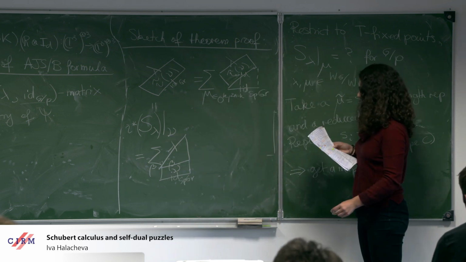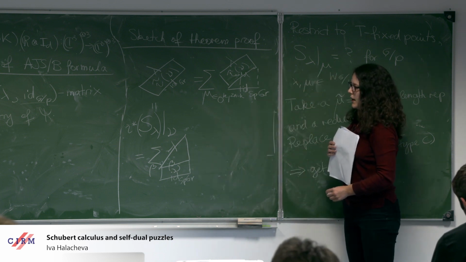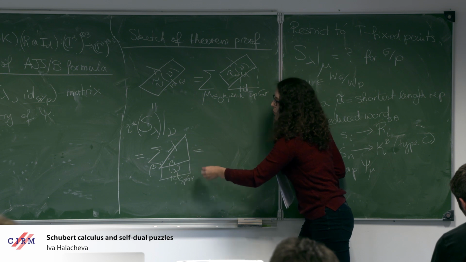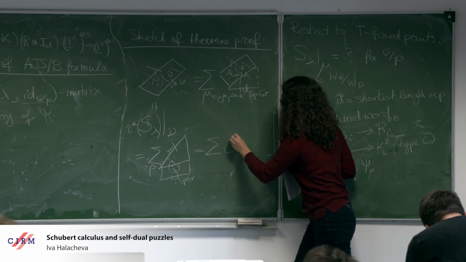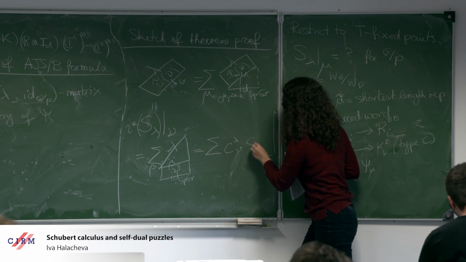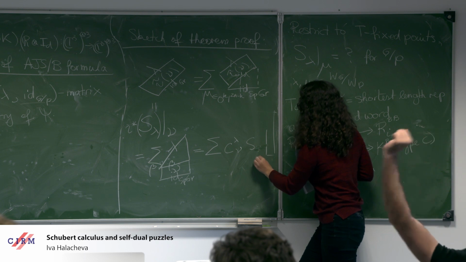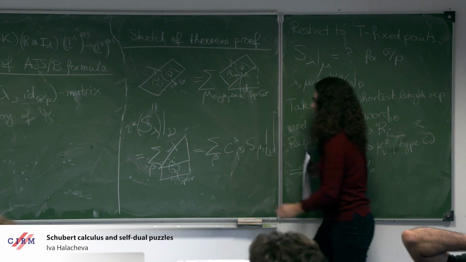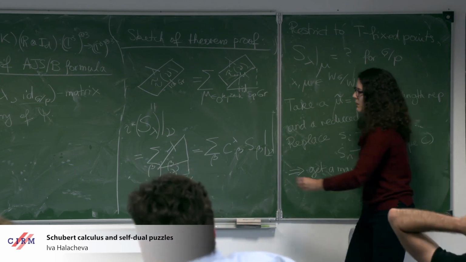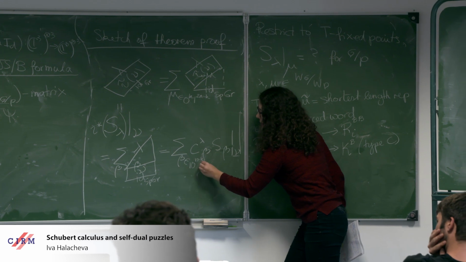And this is exactly the left side of the, by our conventions, this is exactly C lambda nu, S nu restricted to beta restricted to nu, summing over beta, where beta here is a T-fixed point of the symplectic Grassmannian.